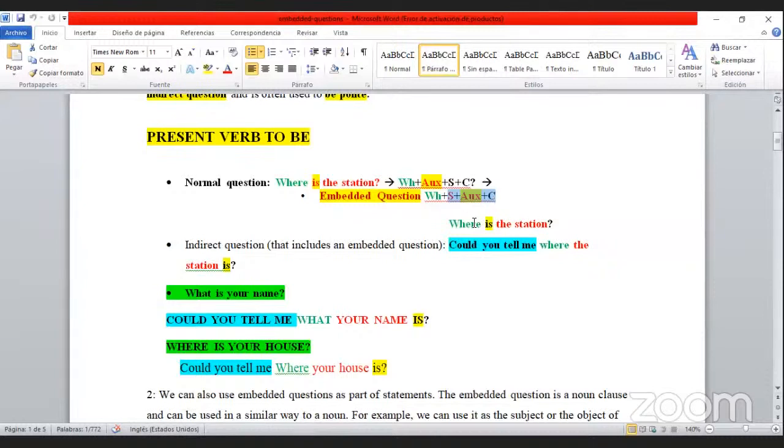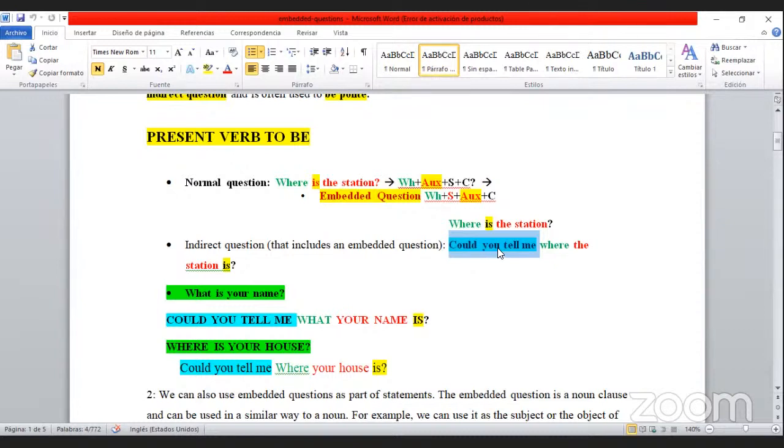Great. So my example, where is the station? First, what do I have to do? I have to put the embedded question. My embedded question here is, could you tell me? Okay, this is an embedded question. We have many embedded questions, and after this we will see a list about this, okay?